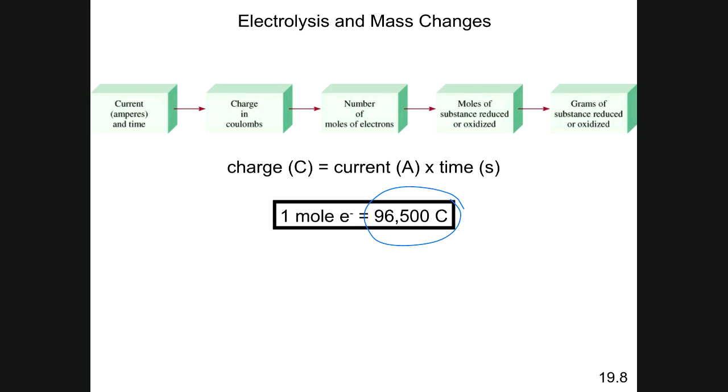So for every mole of electrons, you need 96,500 coulombs. This is the Faraday constant. So you need this much electricity to provide 1 mole of electrons.